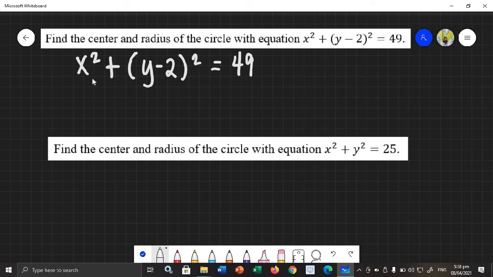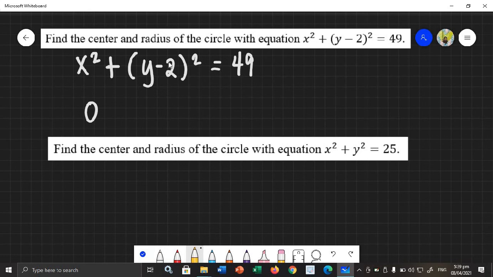So if that is the case, most probably, yung h is equal to 0. Kasi yung term na katabi ni x is yung value ni h, di ba? So, dito, wala siyang katabi, si x. So, therefore, we can conclude na h is equal to 0.